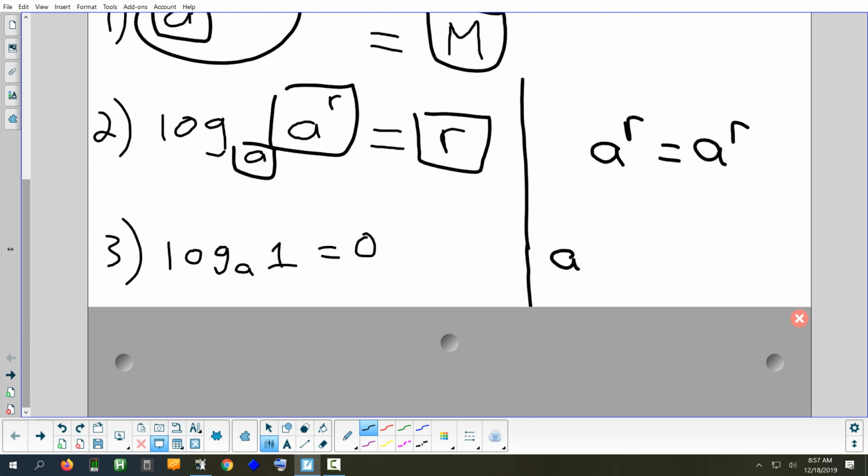Okay. And Anthony, logarithms always equal what kind of number? Exponent, yeah. So logarithm always equals the exponent. So what's my exponent in this case? 0. 0, right? That's what it equals. Logarithm equals 0. Okay.